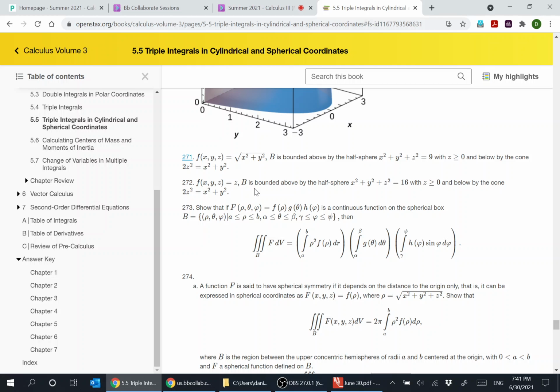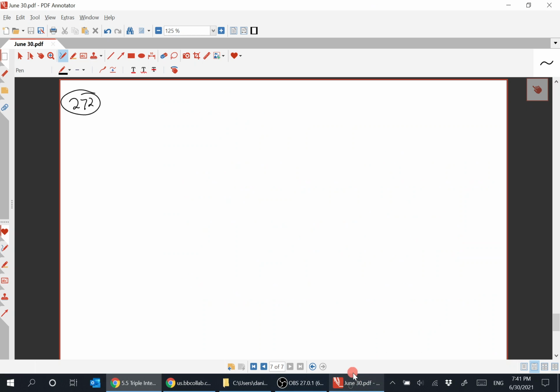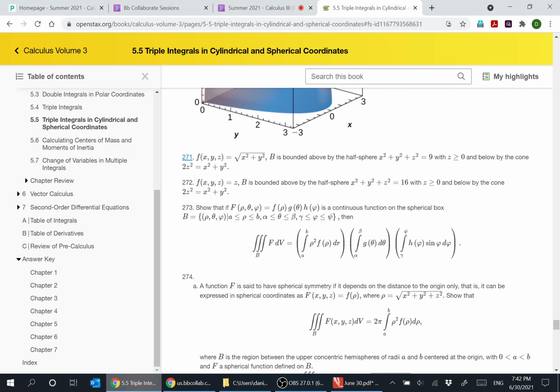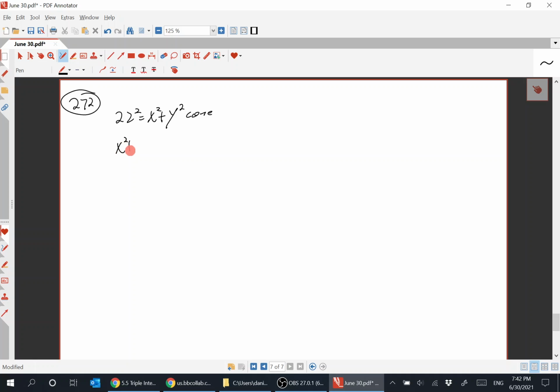All right, so we've got this cone. 2z squared equals x squared plus y squared. So that's a cone. And x squared plus y squared plus z squared equals 16. So that's the sphere, radius 4.